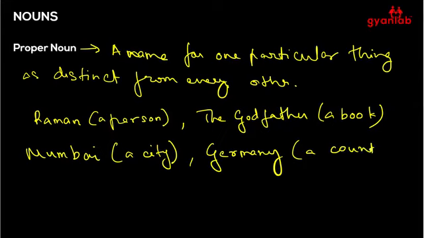All these words fit the criteria where this name, either Raman or The Godfather, Mumbai or Germany, is used for one particular thing which is distinct from every other. Proper means own. So a proper name is its own name, and it cannot be given to more than one thing at a time. This is known as a proper noun.